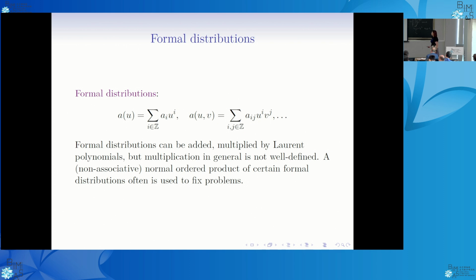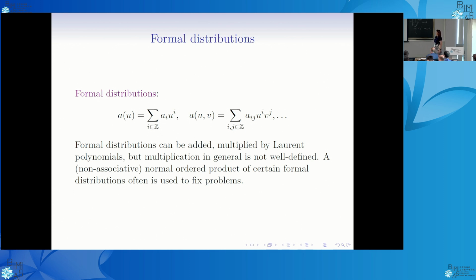But here we are going to have something more general, called formal distributions. Power series or Laurent series are infinite only in one direction, and then they stop in the other direction. Here we allow formal sums which go infinitely in both directions. These we call formal distributions.